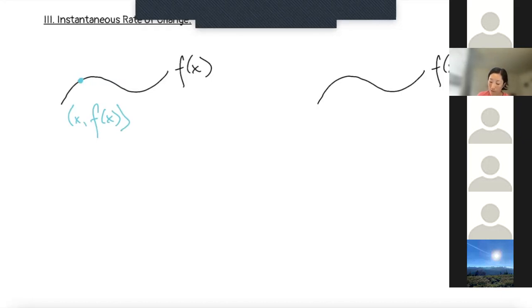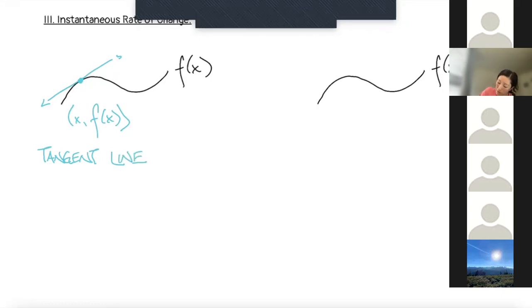If I ask you to find the slope at that point, then what we're really looking at is finding the slope of the tangent line.